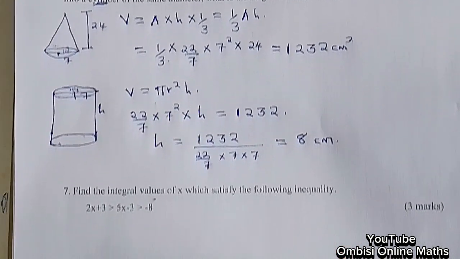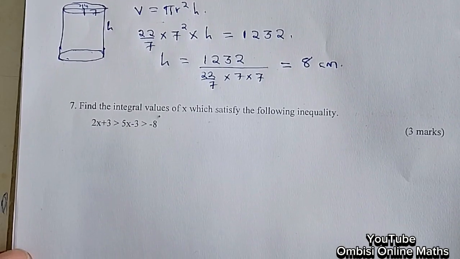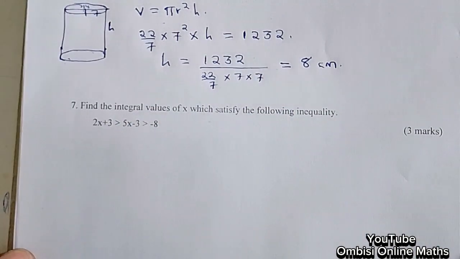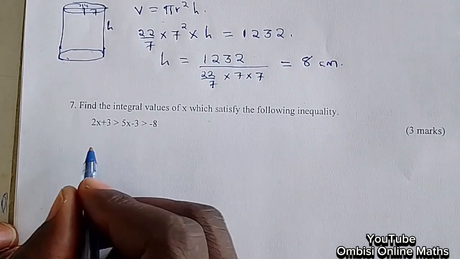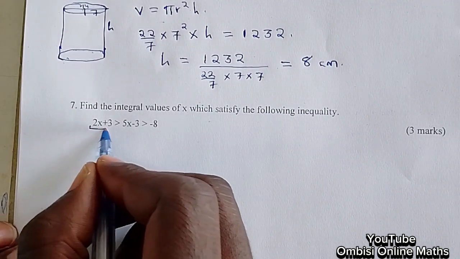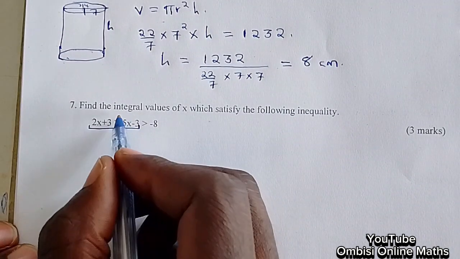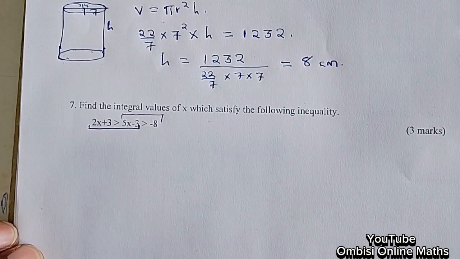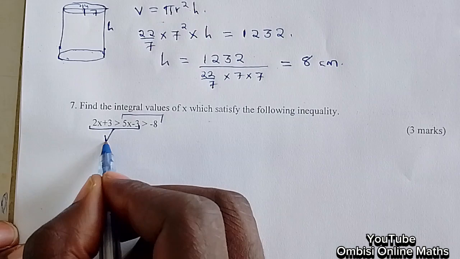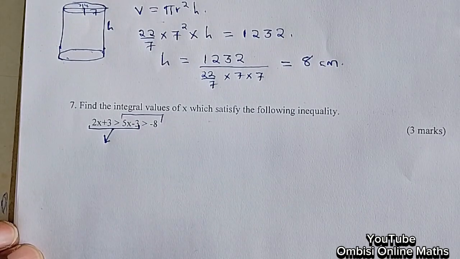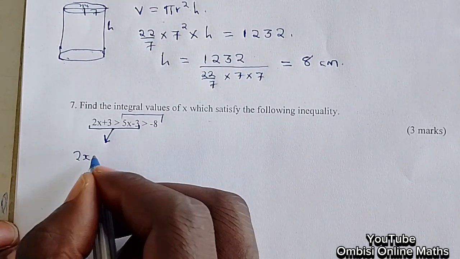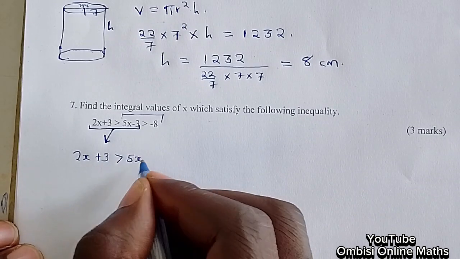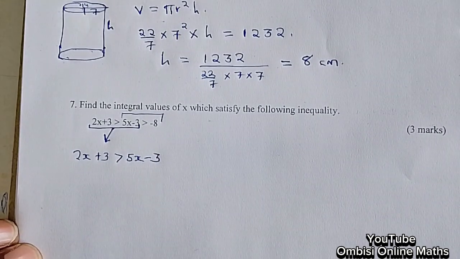For the next question, we are supposed to find the integral values of x which satisfy the following inequality. Here we need to see two inequalities. Working out the first inequality, 2x plus 3 is greater than 5x minus 3.